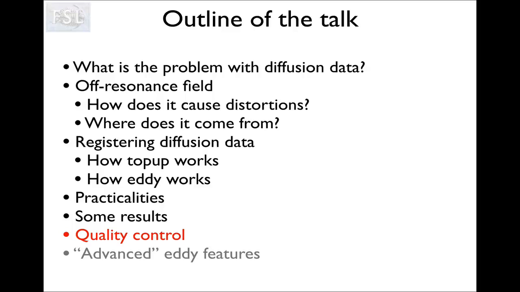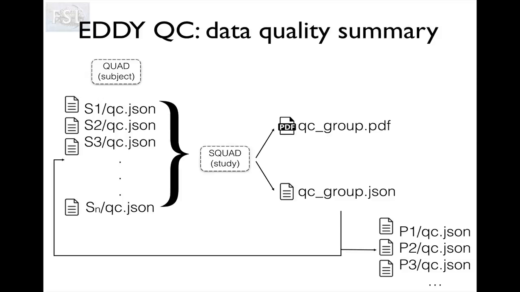But EDDY will also output a lot of other files with the same name but with other extensions. All of those are auxiliary information that tells you what parameters were estimated, what movements were estimated, what the contrast to noise of the data was, etc. But that information could be more accessible, and that's where EDDY QC comes in.